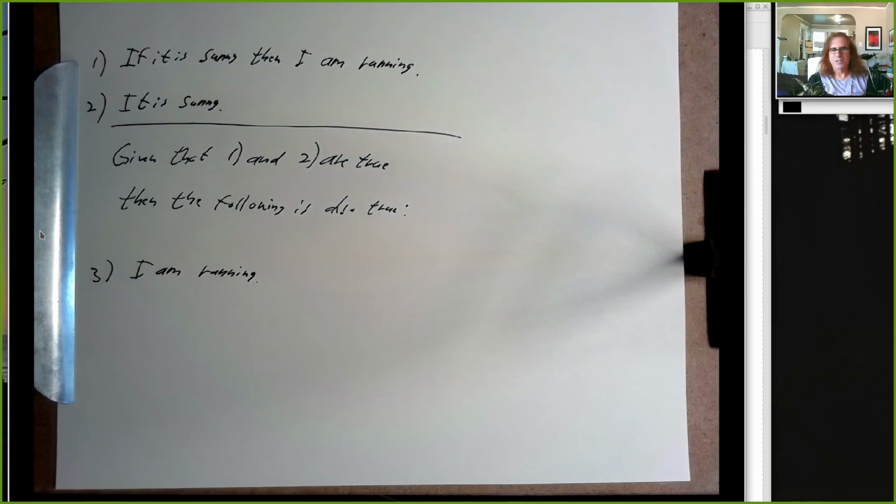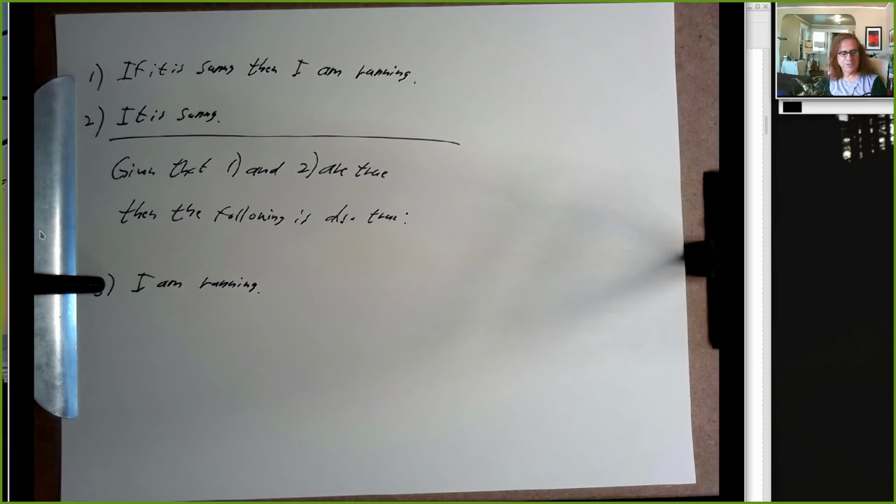The proposition, I am running. All right, this is key. We're given two propositions. We don't know if they are true or not. We're given a third proposition. We don't know if that's true or not. What we can prove in this course is that if these first two propositions are true, then this third proposition is also true. That's really the best we can do.